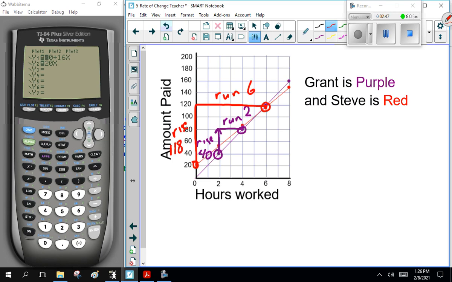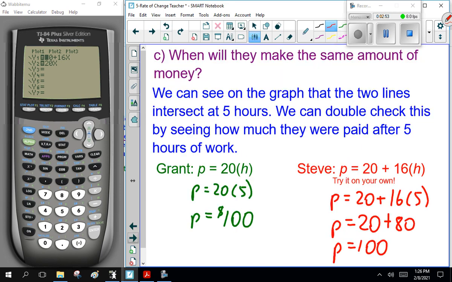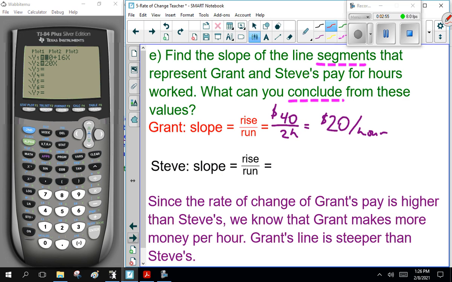Reading the exact number on the graph sucks sometimes. So 118 over 6, maybe close. Let me grab Mr. Calculator. Did I get it right? 19. So I'm close.